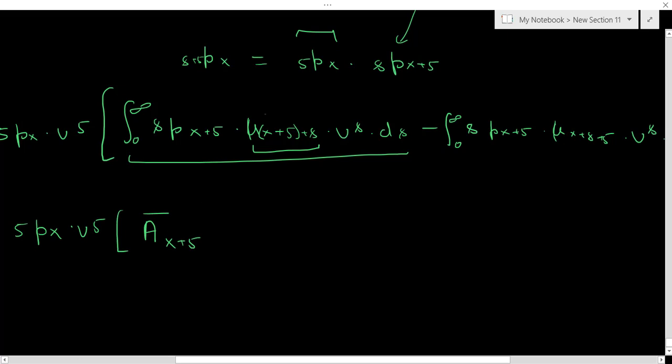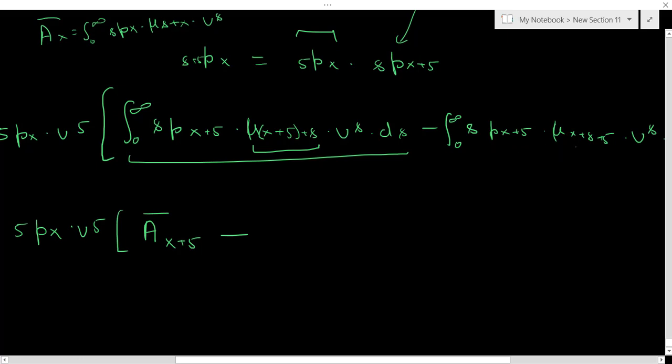You can go back and compare it to A bar x, which is just integral going from 0 to infinity of s p x, mu x plus s, v to the power of s, right? So now I just have x plus 5 instead of x, right? So this is the same thing, right? Minus integral going from 0 to infinity again. This function, what does it become?